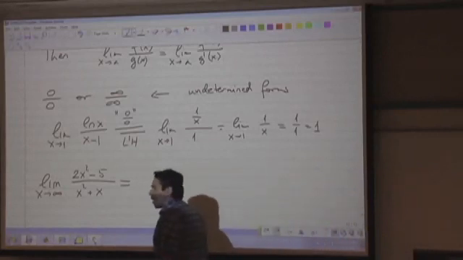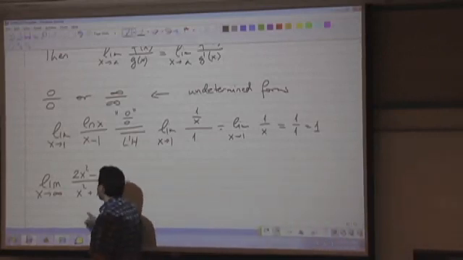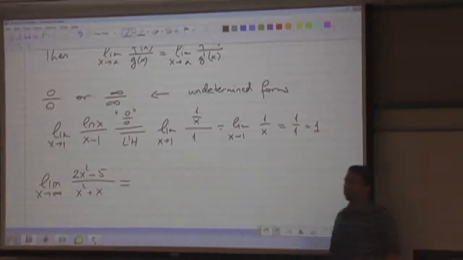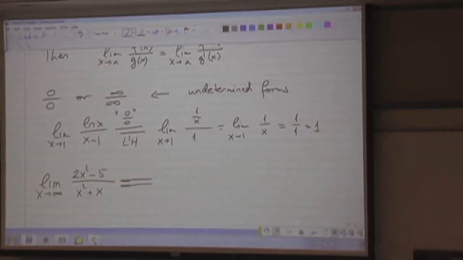Well, if we go back to what we know from the past, factor out an x squared, or just think about the fact that they have the same power, and so you end up with the ratio of the coefficients, right? Now, what happens if you put in infinity for x? We end up with infinity divided by infinity, right? So this is a case of infinity over infinity, right? I can apply L'Hopital's rule, and it gives me the limit as x goes to infinity of 4x divided by 2x plus 1.